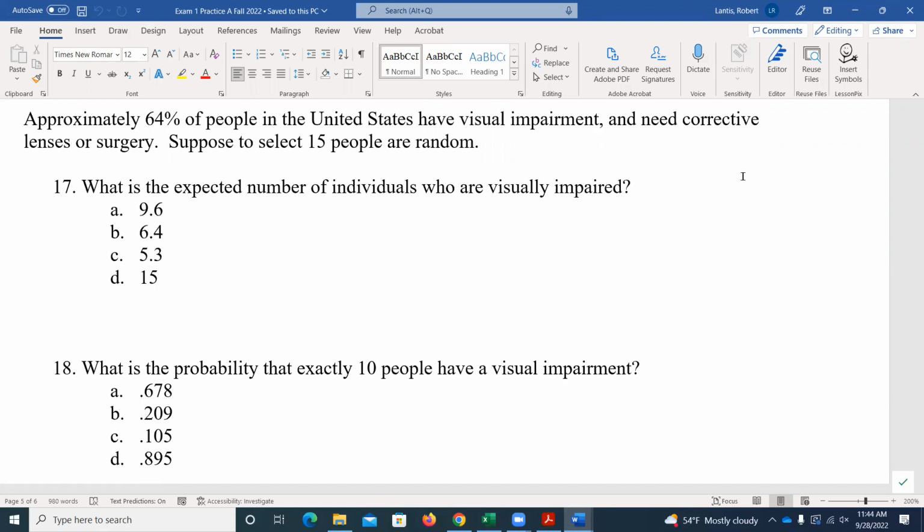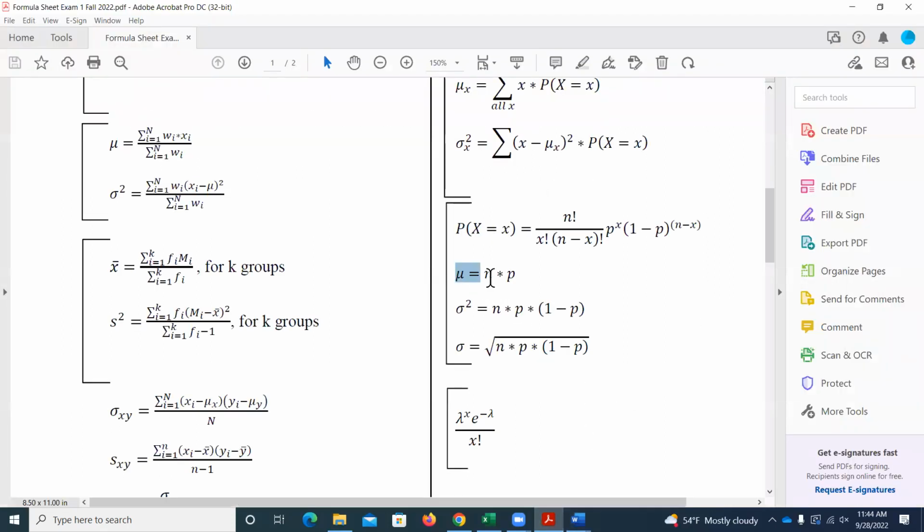One thing we said with these random variables is our mean. Another word is the expected value, right? It's kind of the most likely outcome. The formula sheet reminds you of this, but it's intuitive. You just take the number of trials and multiply by the underlying probability of success. Our number of trials here was 15 people, and the probability that if I selected one person at random, they had a visual impairment was 0.64.